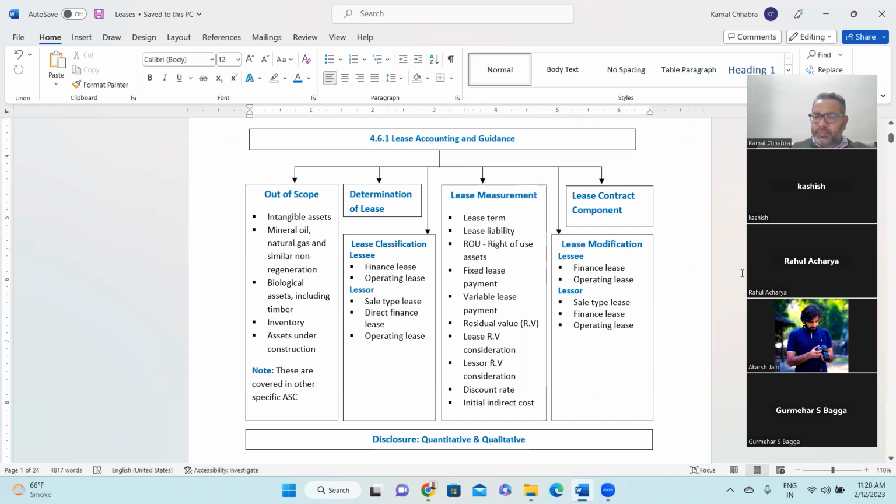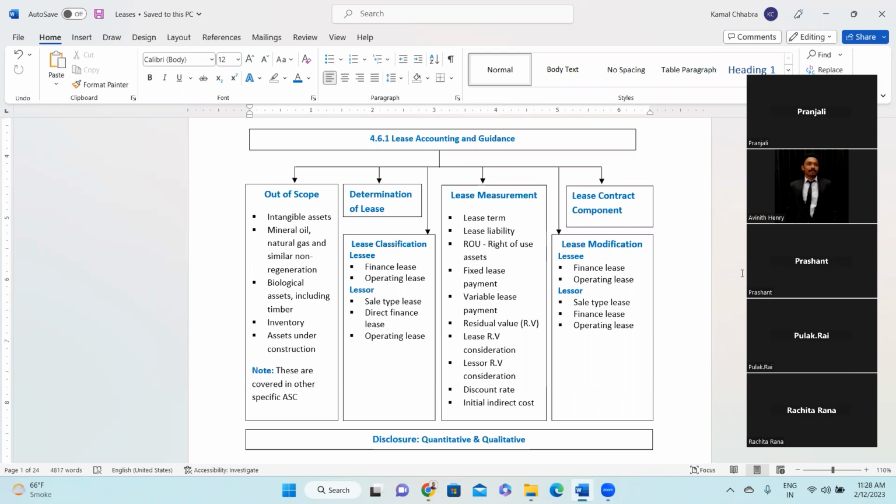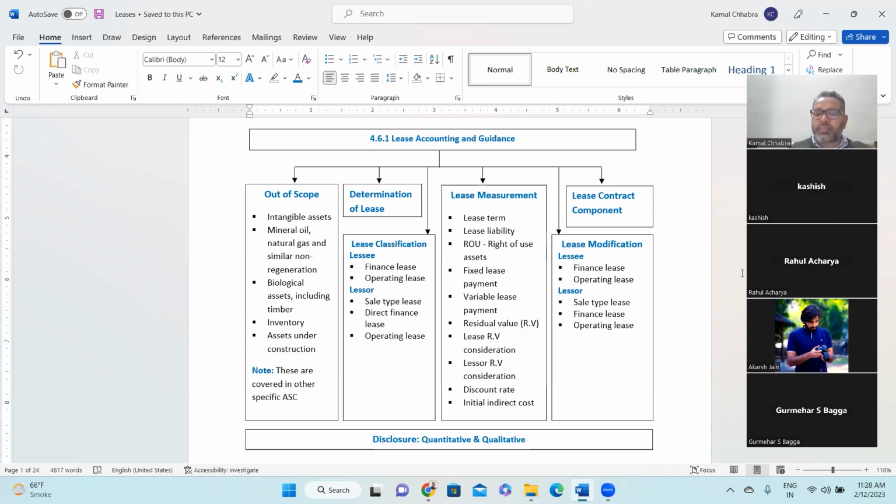No, sir. Prashant, you are saying something? Sir, I guess they will have to recharge it on a monthly basis, and the prepayment has been done as well. No, these are monthly.